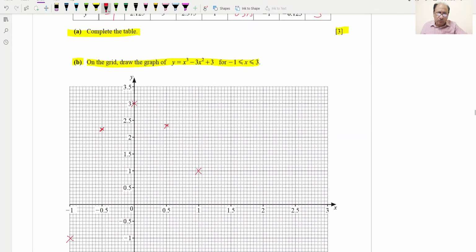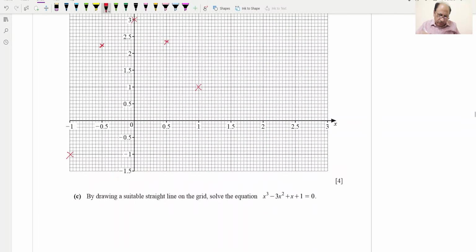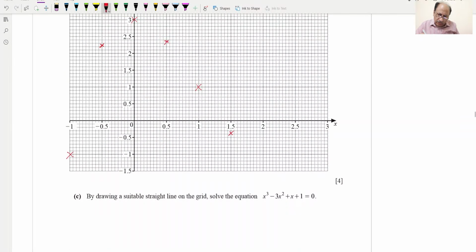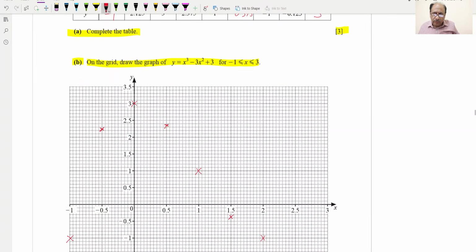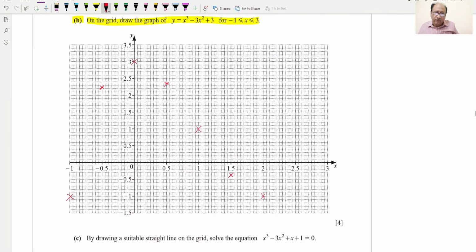Then comes 1.5 and minus 0.375. So minus 0.375 will be over here, and next point is 2 and minus 1, 2 and minus 1 will be this one, and the last point will be basically 2.5 and minus 0.125.